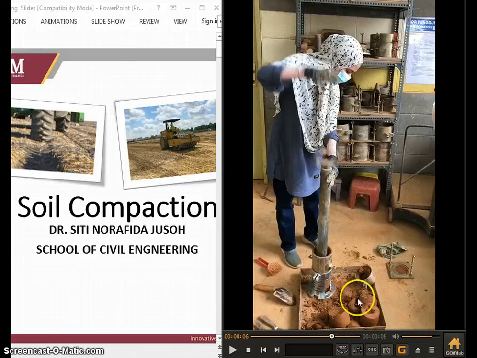So she is already cutting and taking the internal soil sample to measure its moisture content. So we do this, pushing out the soil sample, and take some of the sample at the end of every sample of compaction.